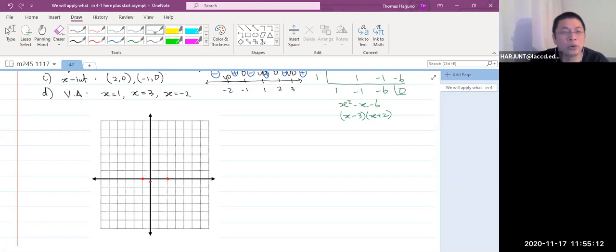Vertical asymptotes x equals 1, x equals 3, and x equals negative 2. Wow, very minimal information basically.